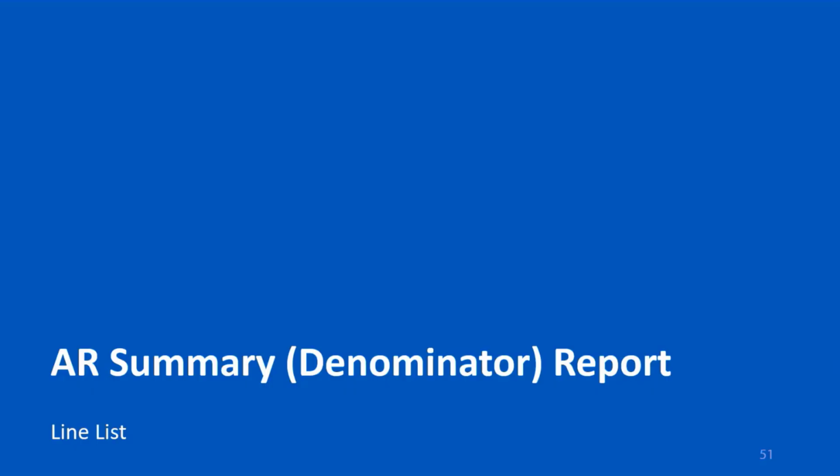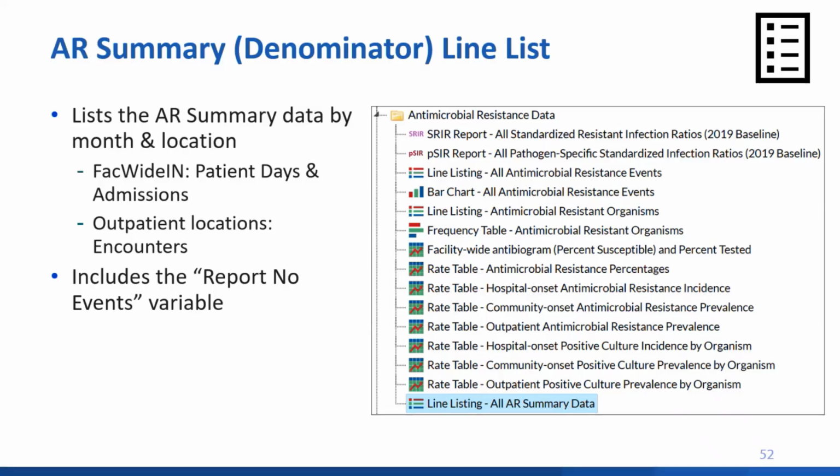Okay, lastly, we will briefly review the AR summary or denominator line list report. So our AR summary line list shows the summary AR data by location and month. For FACWIDE-IN, it will show the patient days and admissions, and for the outpatient locations, such as the ED or your 24-hour observation areas, it will show your encounters for that specific outpatient location.